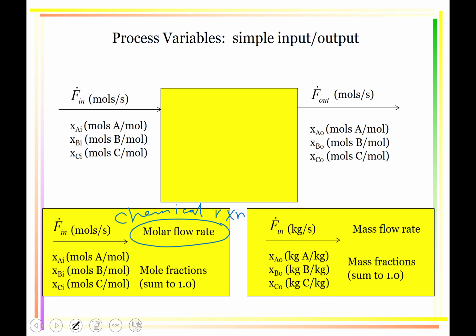If you are doing a separation or mixing process, it might be more convenient for different reasons to use the mass flow rate, because there is no change in moles in the process. So basically, the mass in is the mass out, and there's no change of substance happening, which is when you want to have things in terms of moles.